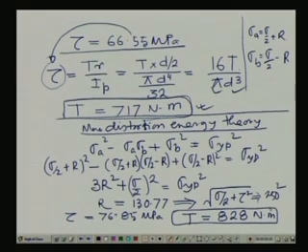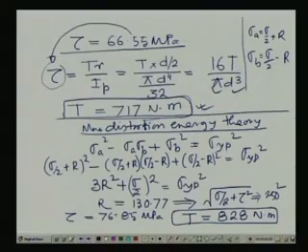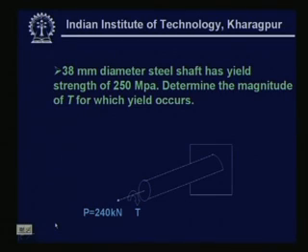Now it is up to you, the designers, which value you will choose, and we can discuss more about this in actual design cases. Now, this was a problem we just solved considering a steel shaft.